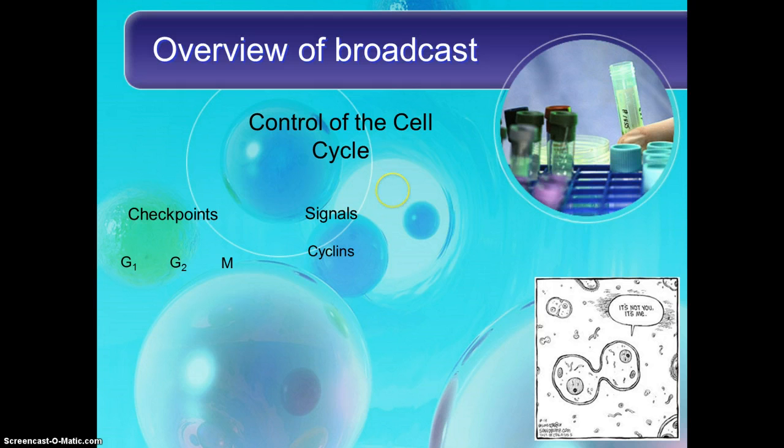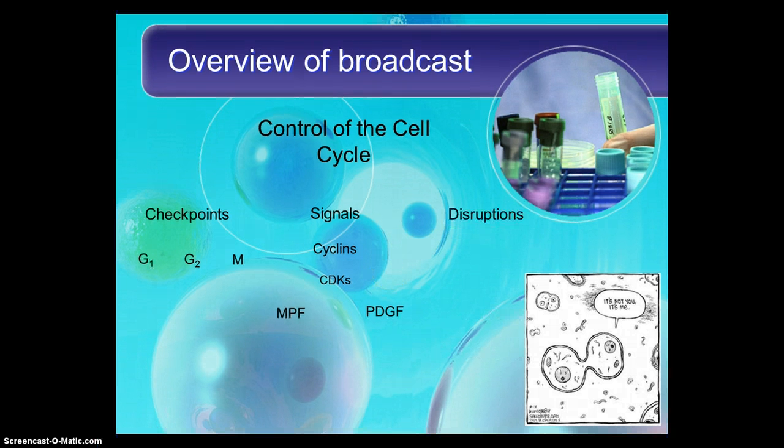Cyclins aren't really anything, they're just proteins, but when they're combined with enzymes called kinases, they control each part of the cell cycle and when each phase occurs. And two examples of CDKs are MPF and PDGF, which respectively are maturation promotion factors and platelet derived growth factors.